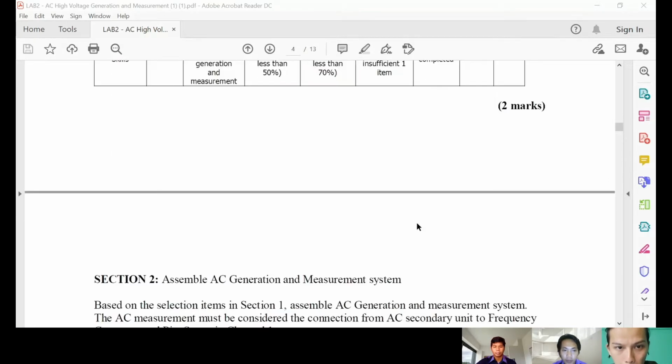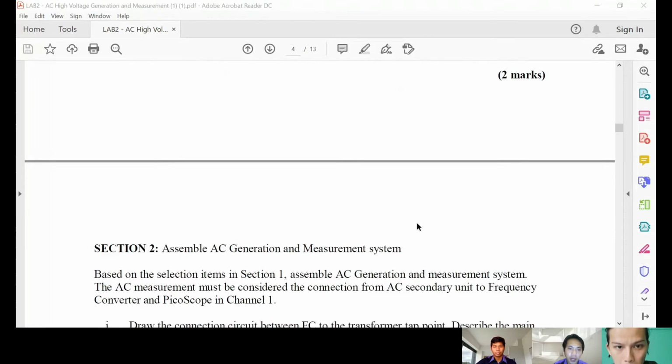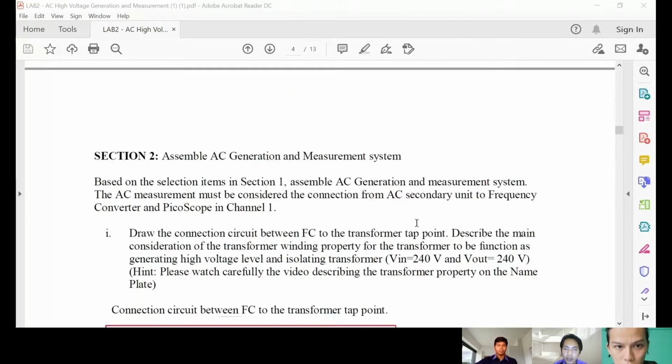Next, section 2 is about how to assemble the AC generation and measurement system. In this section, we will discuss how we draw the connection circuit between the FC and the transformer tap point, as you can see in the picture drawn by our group members.